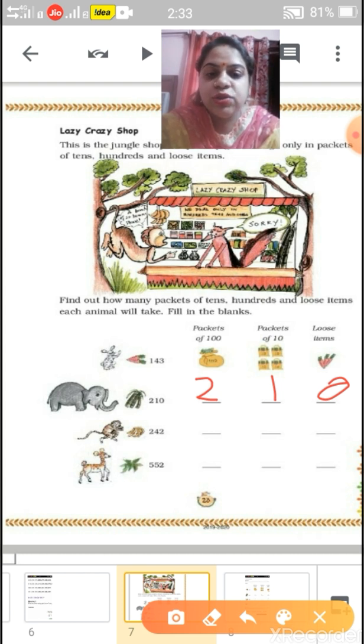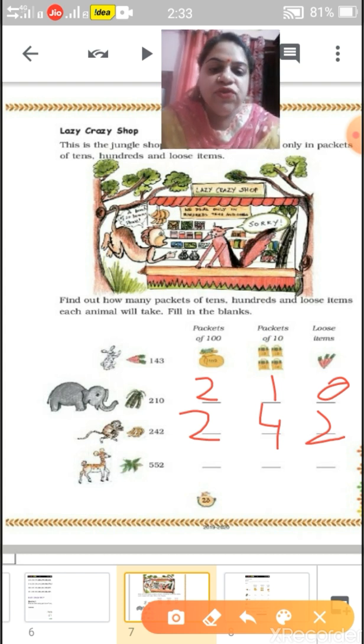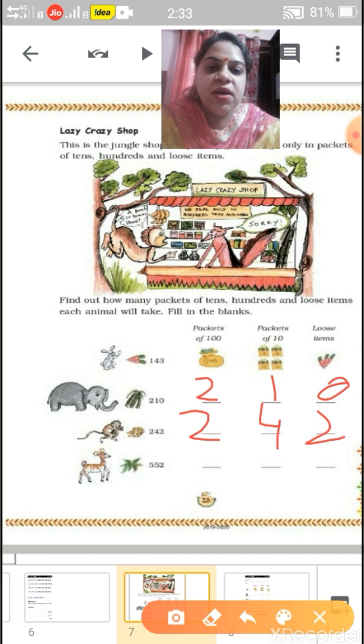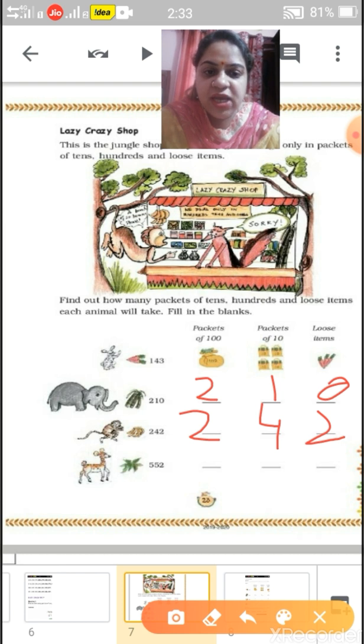Here 2 packets of 100, 4 packets of 10 and 2 loose items. So 2 into 100 is equal to 200, 4 into 10 is equal to 40 and we will plus 2. So 200 plus 40 plus 2 is equal to 242.